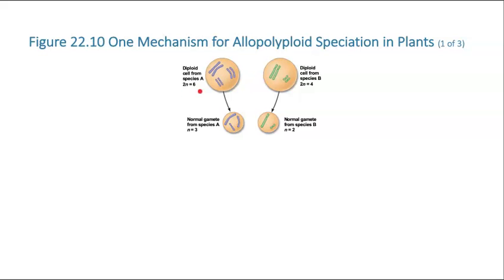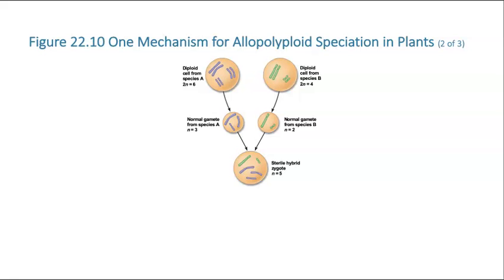Our 2n is 6 for species A, and our 2n is 4 for species B. Now, if species A goes through a normal process of meiosis, it's going to make haploid gametes that have an n of 3. And for species B, going through normal meiosis, it's going to have a haploid number of 2. So far, so good.